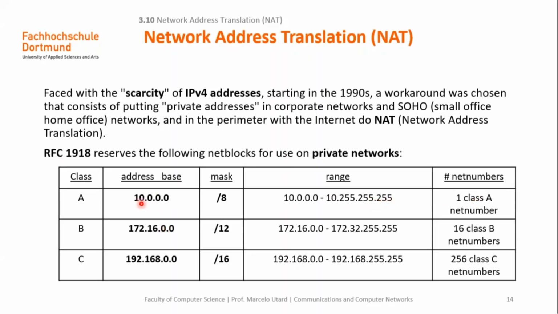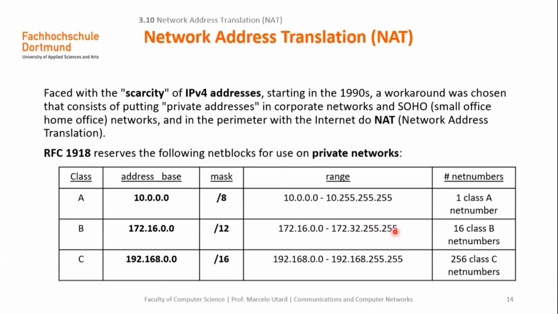There is another net block that is reserved to be used on private networks, that is a class B net block, and that class B net block is defined by this address base 172.16.0.0/12, that is the range from 172.16.0.0 to 172.31.255.255.